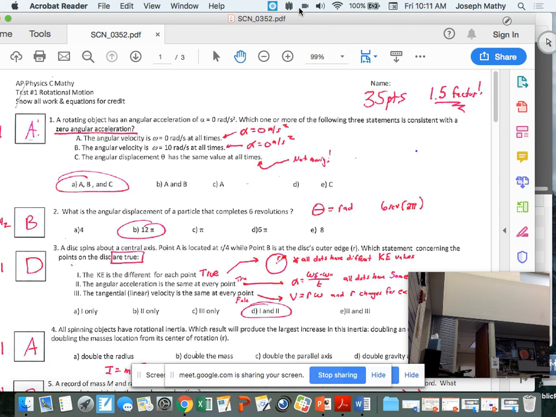If you're having trouble converting angular quantities in your head to something that makes sense, why not rewrite all these questions in your mind like this? The linear velocity is 0 meters per second at all times. Oh, I'm not accelerating. The linear velocity is 10 meters per second at all times.